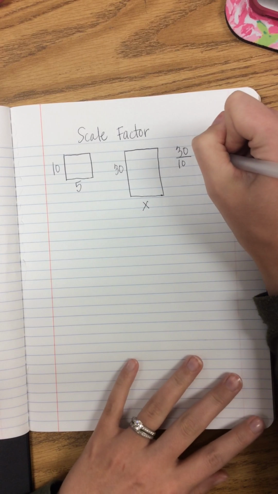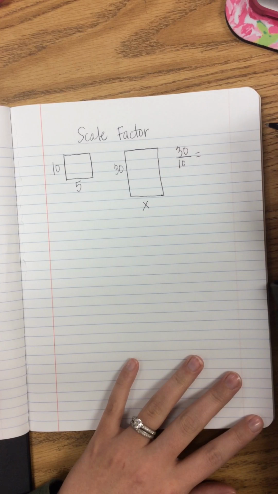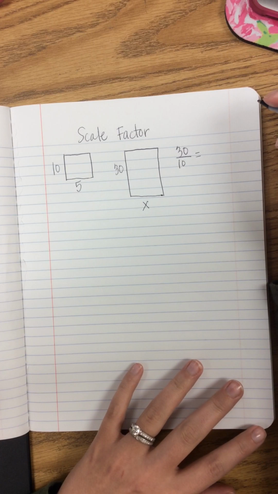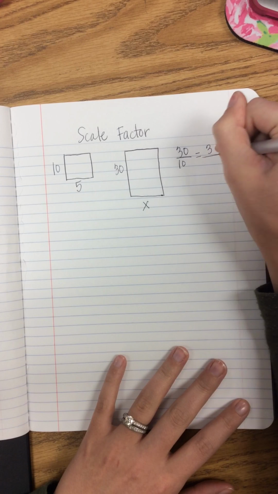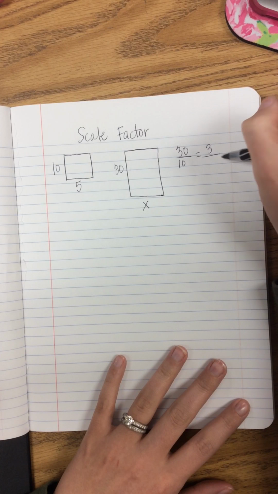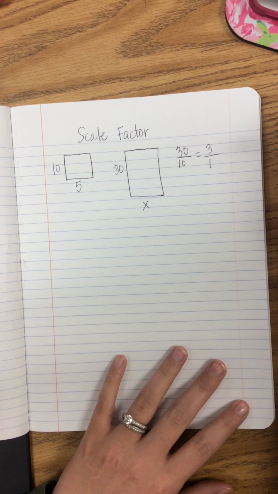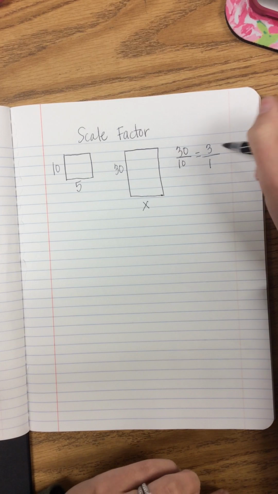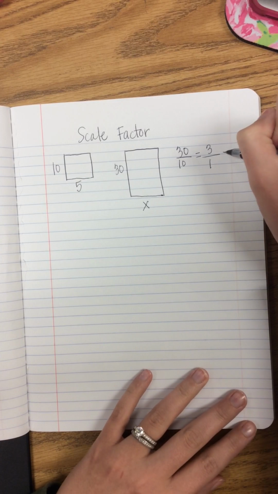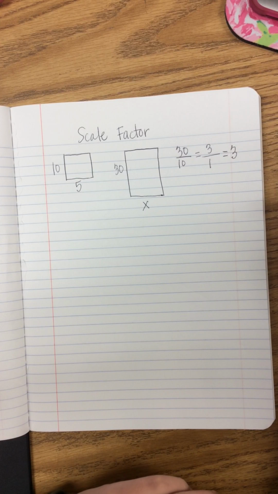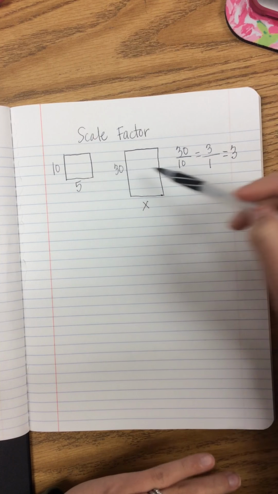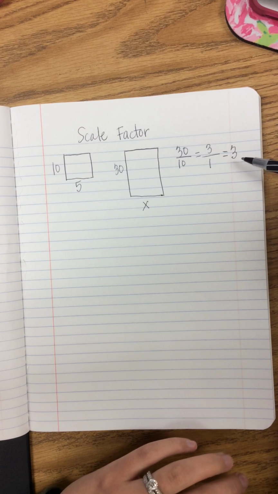Now we're going to simplify. 30 can be divided by 10 to give us 3, and 10 can be divided by 10 to give us 1. That's as far as it'll simplify down to. So we know 3 over 1 just simplifies to 3, right? So in this example, our scale factor is 3.